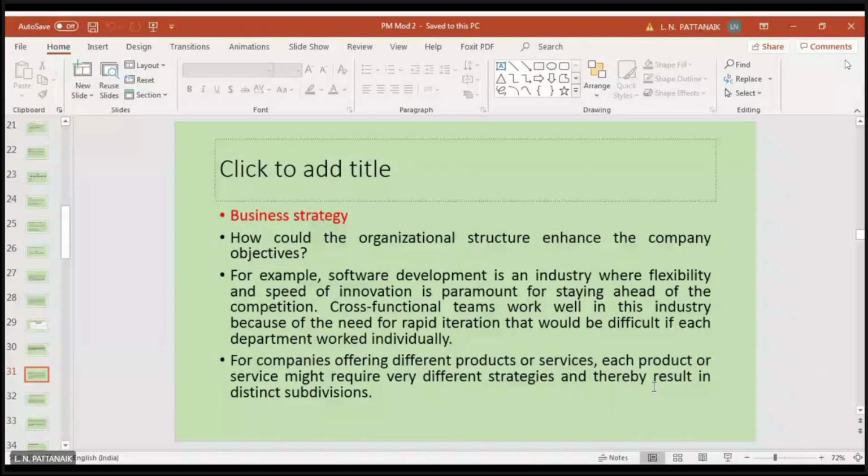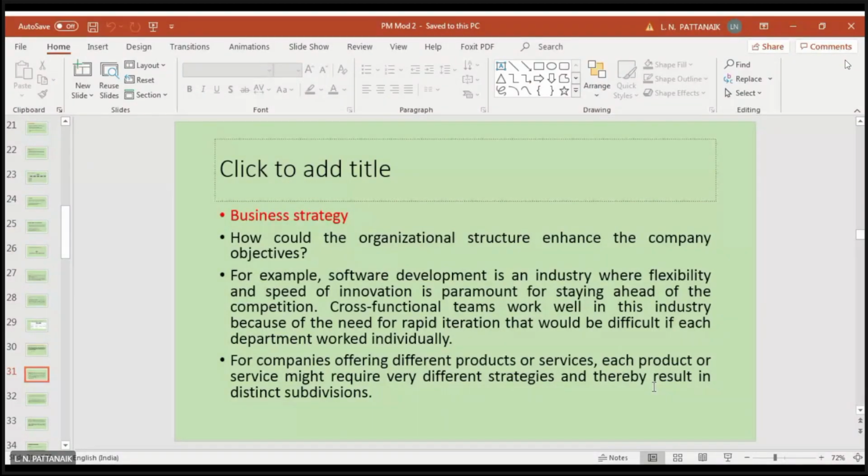For example, software development is an industry where flexibility and speed of innovation is paramount for staying ahead of the competition. Cross-functional teams work well in this industry because of the need for rapid iteration that would be difficult if each department worked individually. I just gave you the example of the IT sector or software development industry.